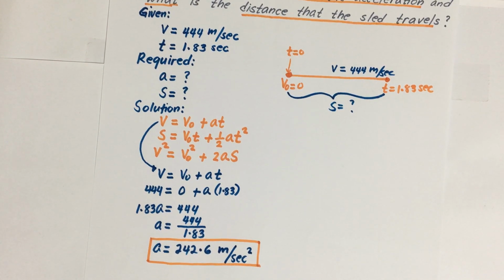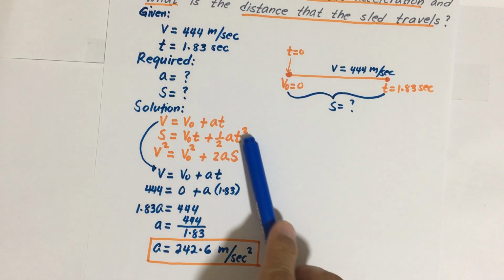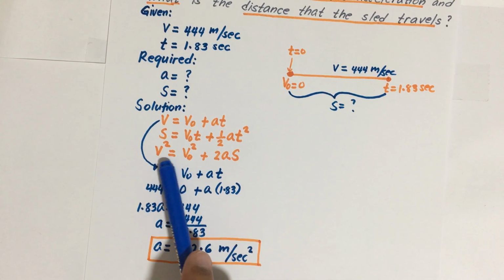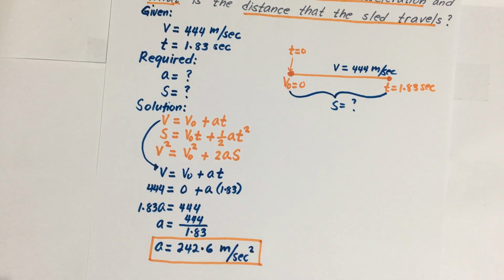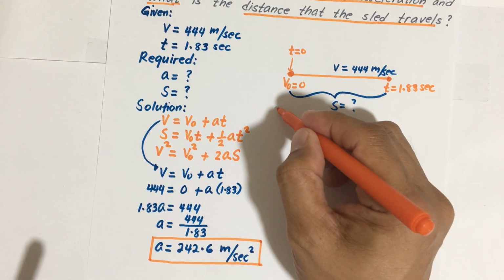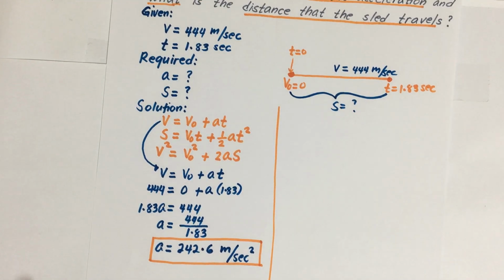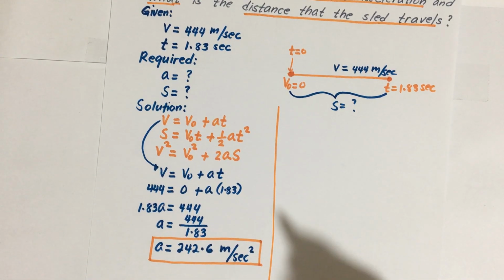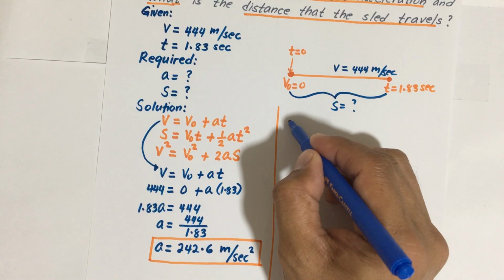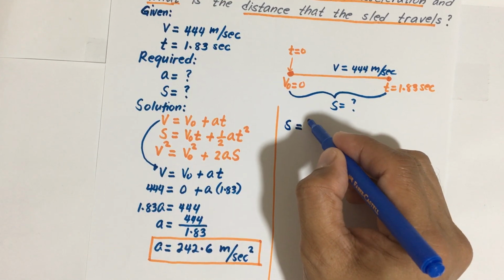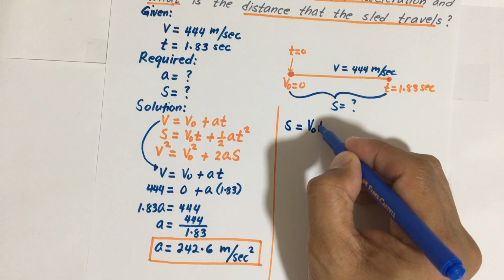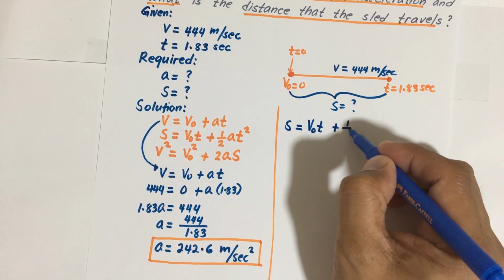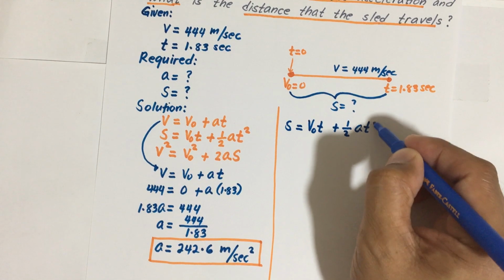Next, we are asked to solve for the displacement. In solving for the displacement, we have two formulas that we can use. We can use either the second formula or the third formula. From the second formula, S equal to v sub 0 times t plus 1/2 a t squared.